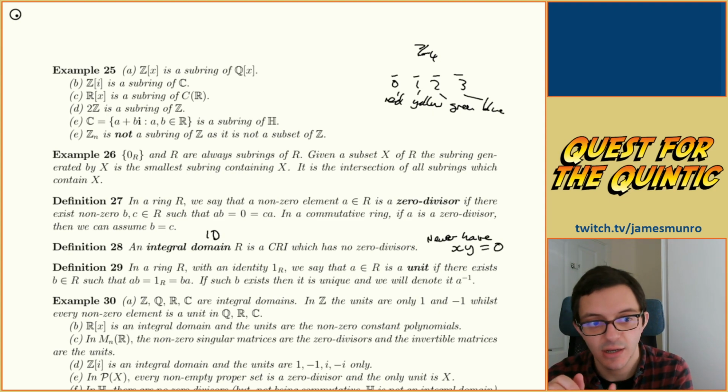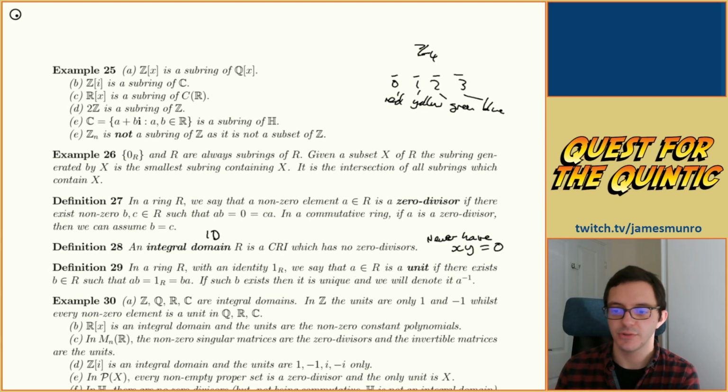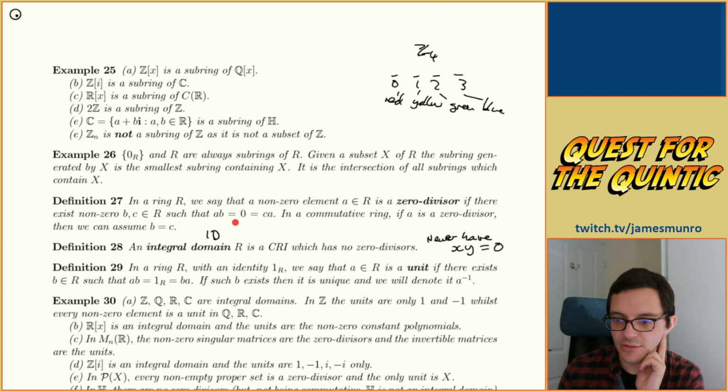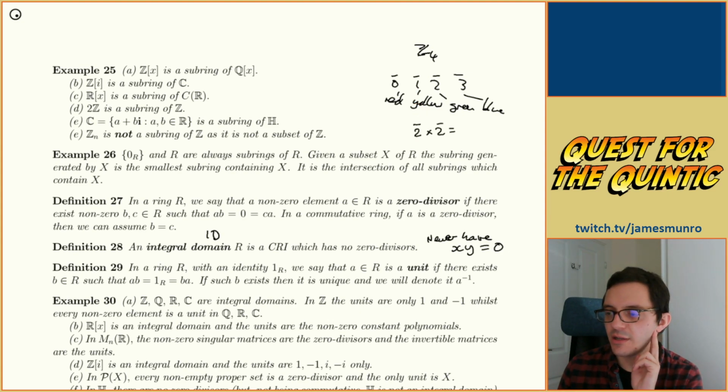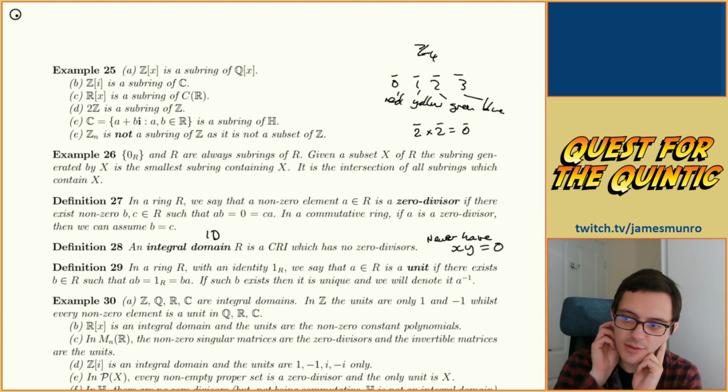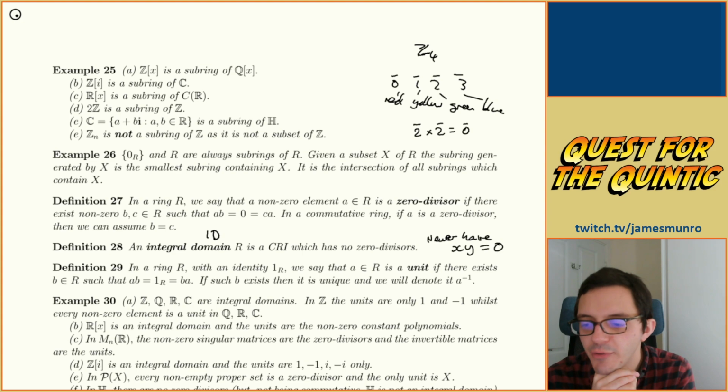For modular arithmetic, it's interesting, isn't it? Because in Z4, you've got things like 2 bar times 2 bar is 4 bar, which is 0 bar, which is 0. So you can multiply things together and get 0. Okay. So sometimes rings are not integral domains. Sometimes they are.